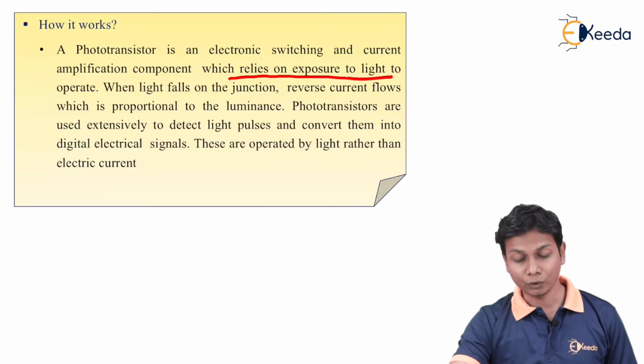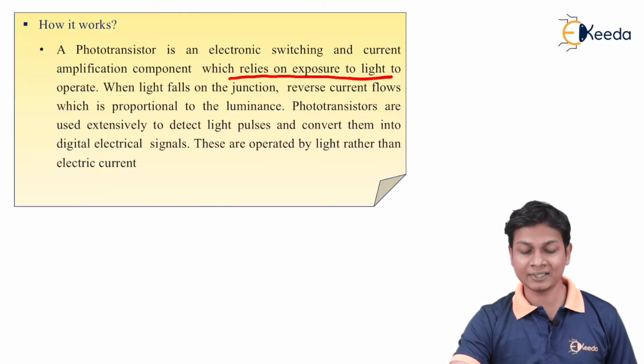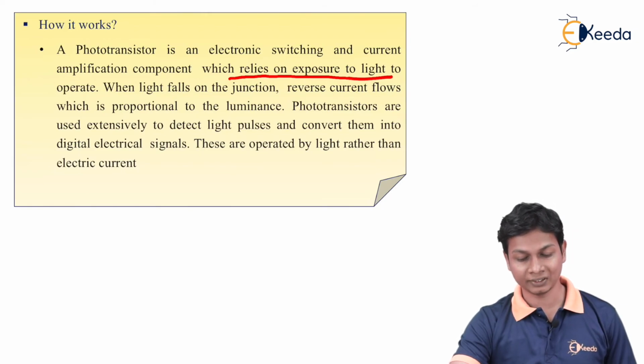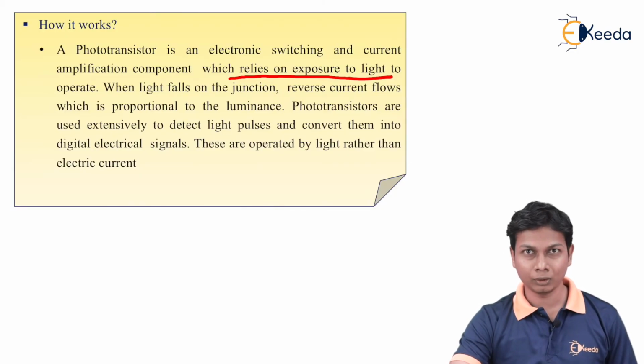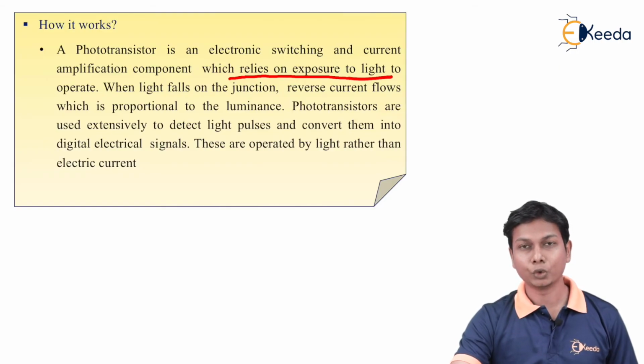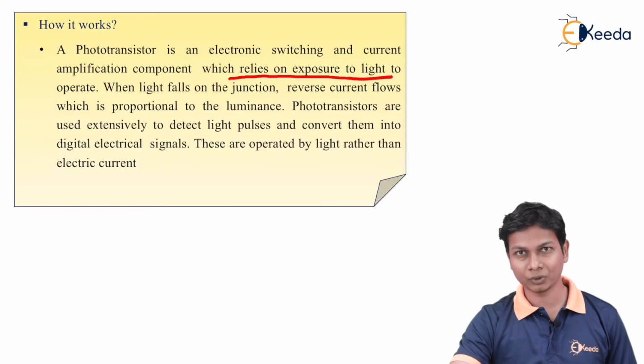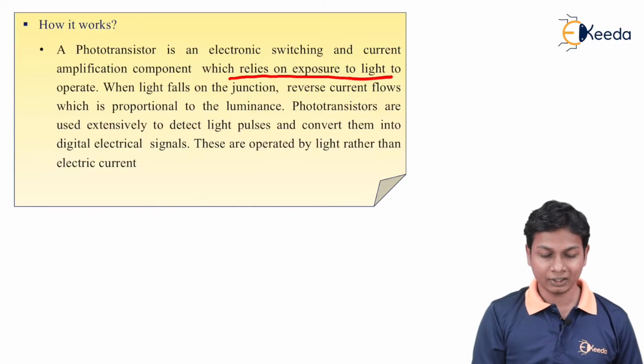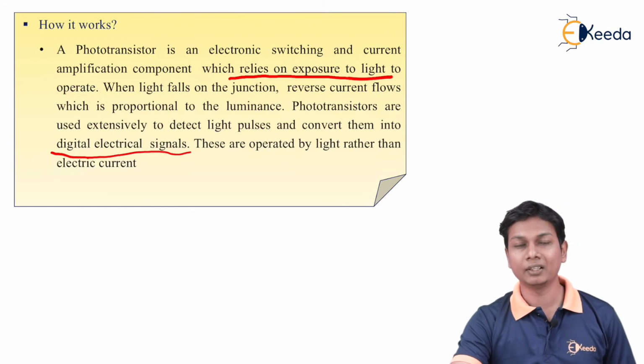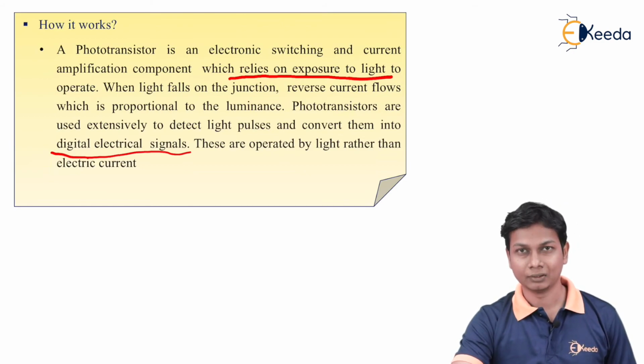In the same way, phototransistors are used extensively to detect light pulses and convert them into digital electrical signals, and these signals are operated by light rather than electrical current. So electrical current plays a major role in switching, and the digital electrical signal is converted from the light pulse detected by the phototransistor.